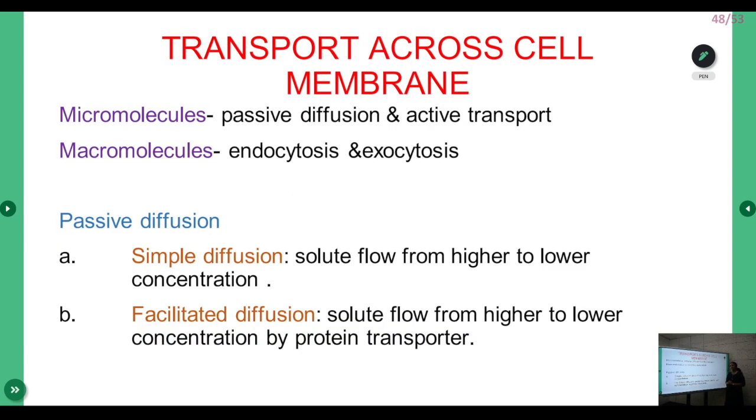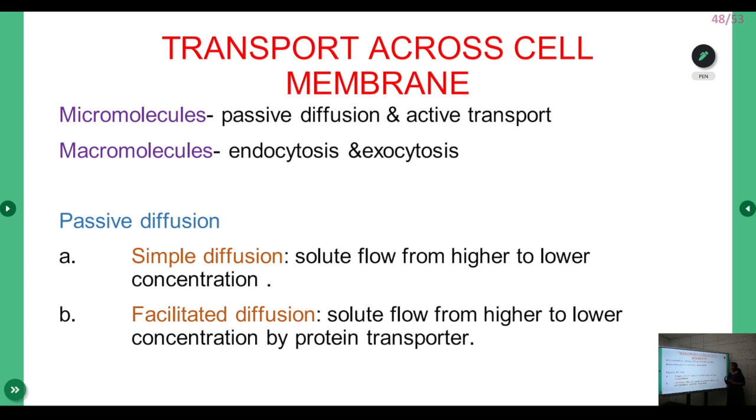Coming to the last topic in the cell, that is the transport across the cell membrane. Many substances get transported across the membrane. They can be micromolecules or macromolecules. Micromolecules are transported through passive diffusion and active transport, and macromolecules are transported mainly by endocytosis and exocytosis. Coming to the transfer of micromolecules, under passive diffusion comes simple diffusion.